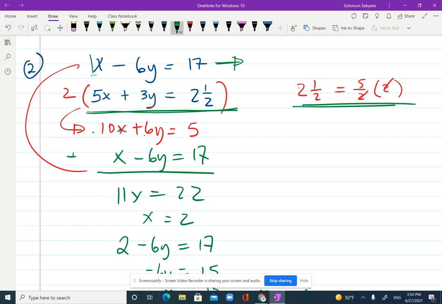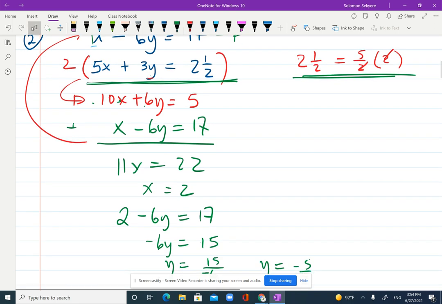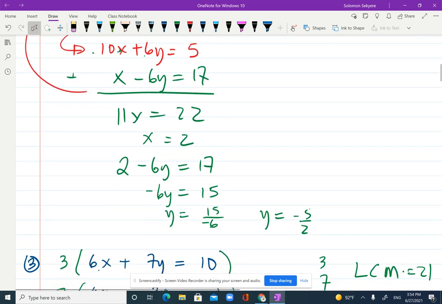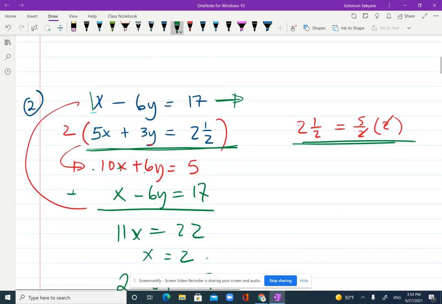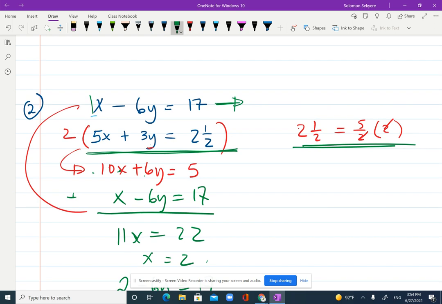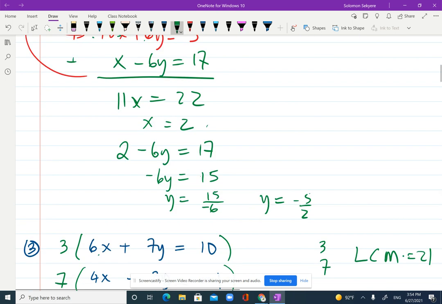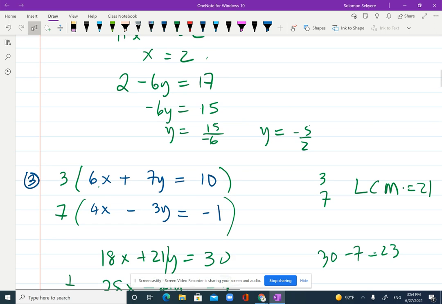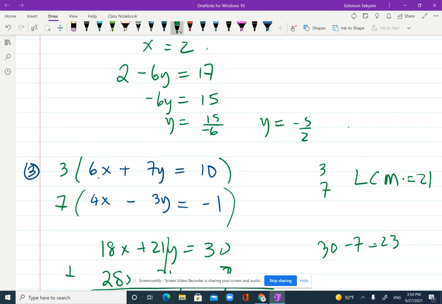Now we have the same coefficient but opposite signs. Guess what? Now we add, we have 11x equals 22, x equals 2, and then you do it all over again. Put it in one of the equations, whichever is simpler for you. I'll choose the top one. And I'll find my y to be equal to negative 5 over 2, or negative 3.5, 2.5, sorry, negative 2.5.